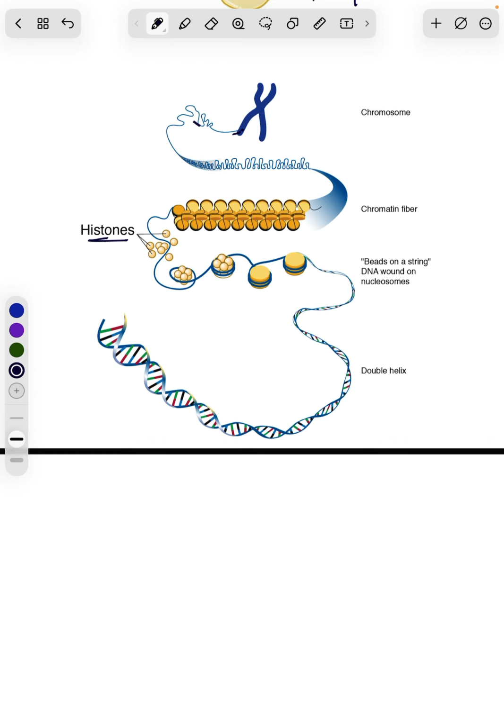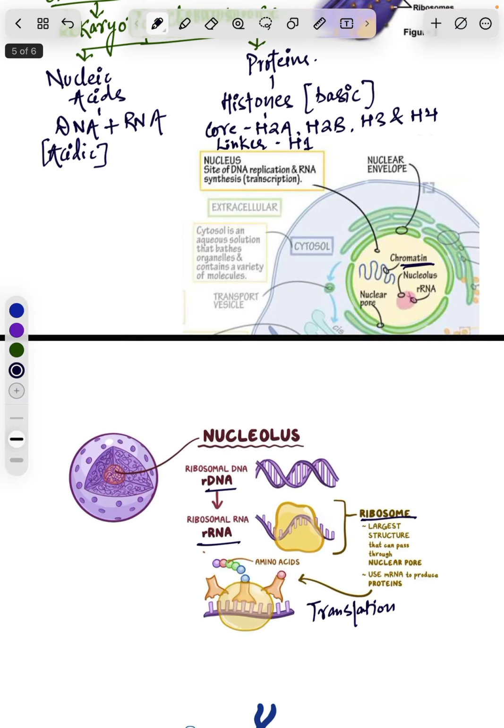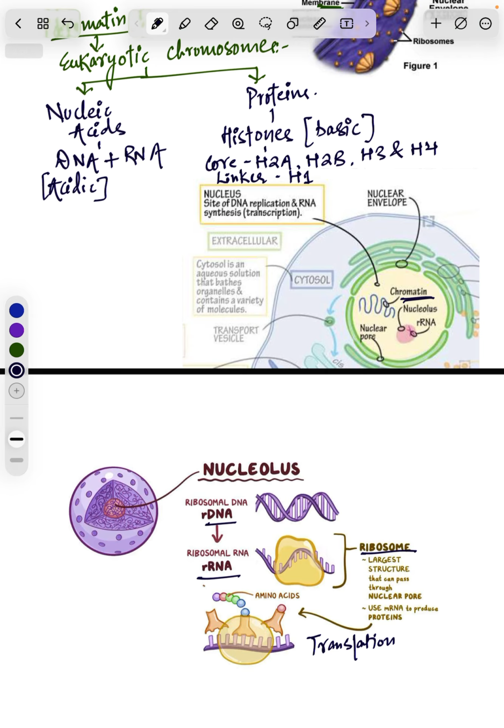So histones bind to the DNA thread, to the chromatin fibers. Along with histone proteins, there are other proteins, non-histone proteins, which are also required.